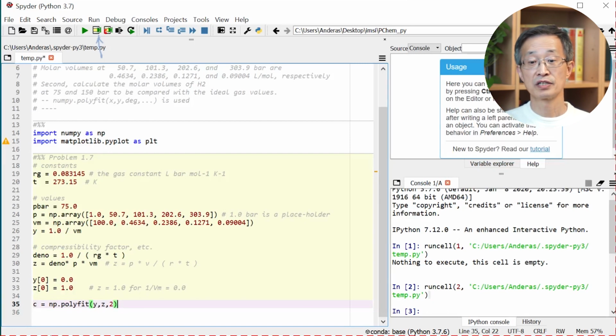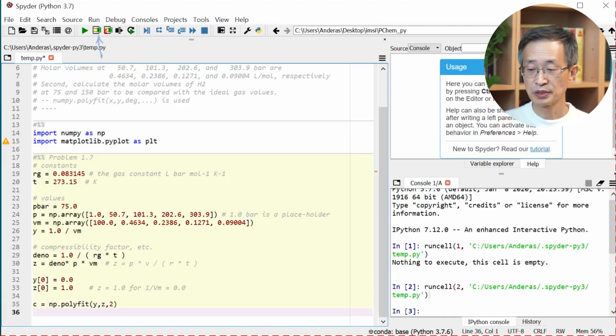So it returns P0 as C, P1 as B, and a value close to 1 is returned as P2. Okay, 0, 1, 2, yeah, that's right.